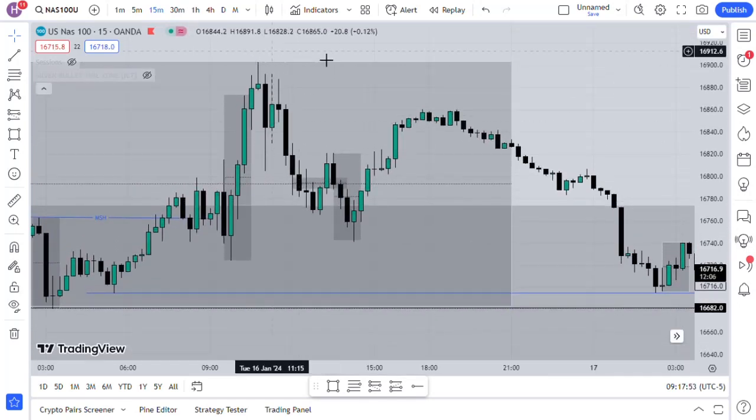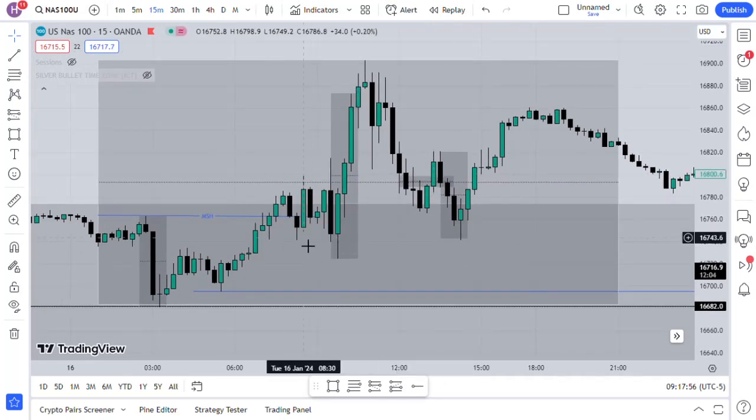You will notice that these two candles here, these two lows, are relatively equal, and most of the time the market goes to seek liquidity and take out stops where people have placed them.